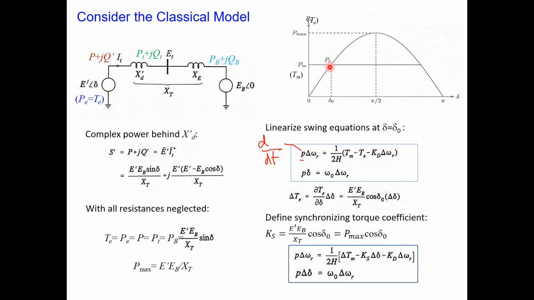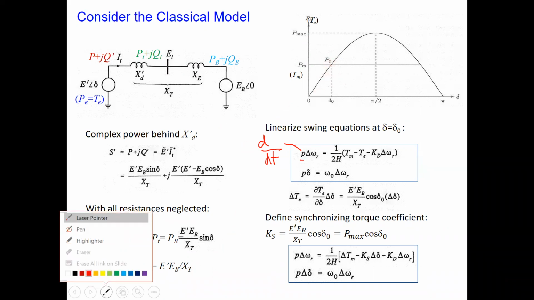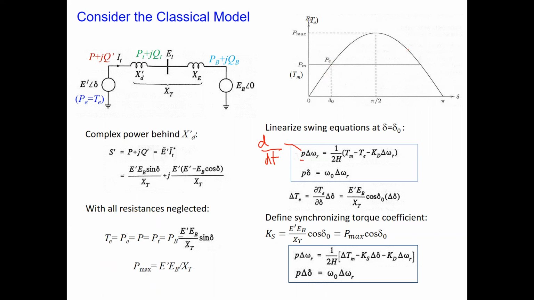When you have some change here, what is the differential change of the torque with respect to angle? Because this is PE, what is the partial differentiation of torque with respect to angle? And then we have written it this way.